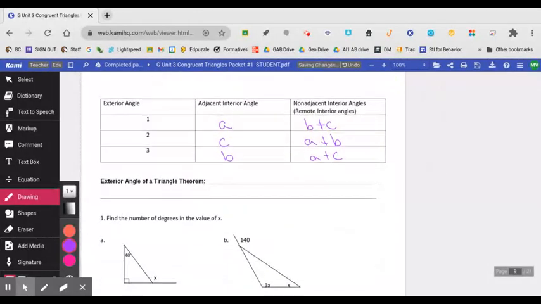The exterior angle of a triangle theorem says an exterior angle is equal to the sum, which means add, of the remote interior angles.